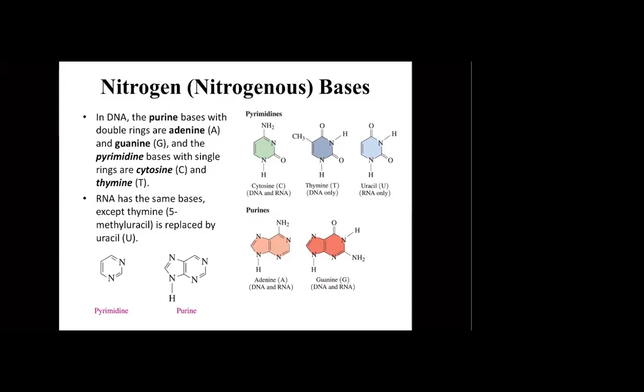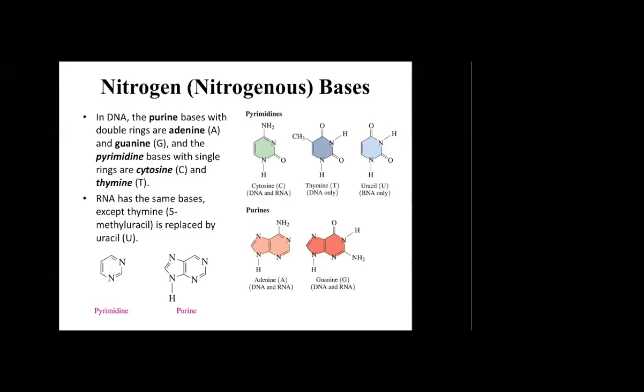When it comes to the purines, you can see the structures of the nitrogen bases that are purines: adenine, which we just talked about, and guanine. Both adenine and guanine can be found in the nucleic acid polymers for DNA and RNA. You can see the difference between pyrimidines and purines by looking at the structures in the bottom left corner of the slide.